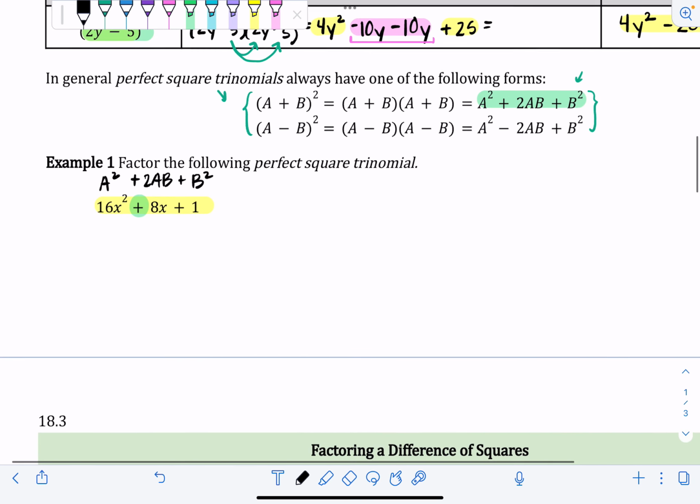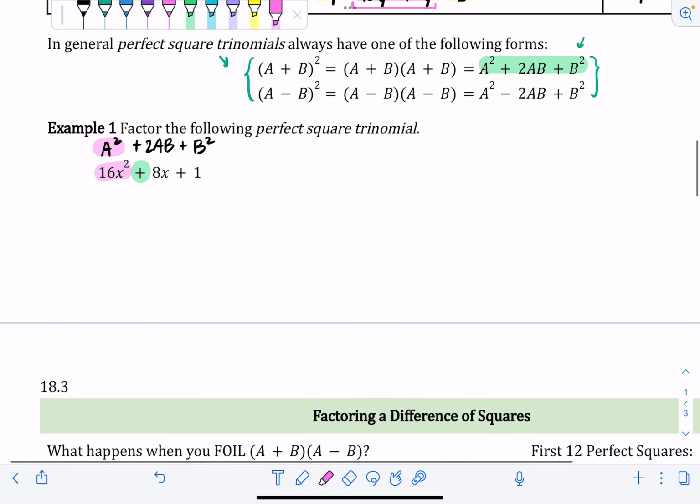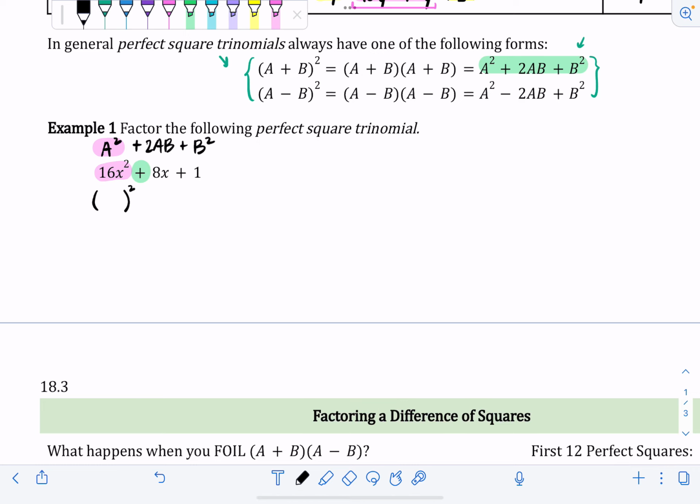Okay, and now what I just want to figure out is, what is my a and what is my b? So in the spot of where a squared is, there's a 16x squared, excuse me. So I have to figure out what whole thing is being squared. This simplifies to 16x squared. As it's written right now, only the x is being squared. So whenever you see a number in front of a variable, a coefficient, you have to rewrite it in parentheses and think, okay, what number squared is 16? 16 is 4 squared.